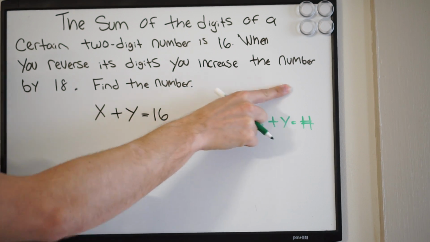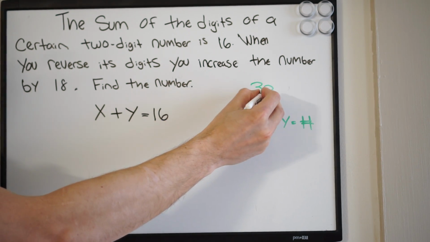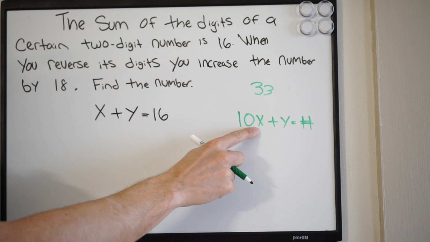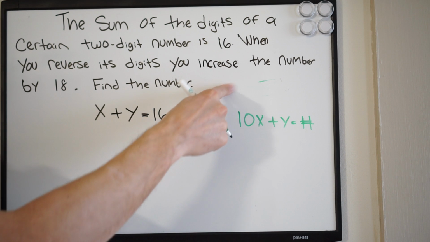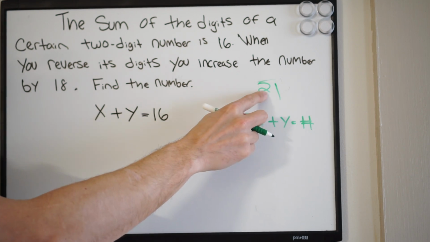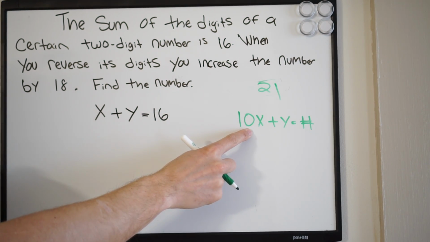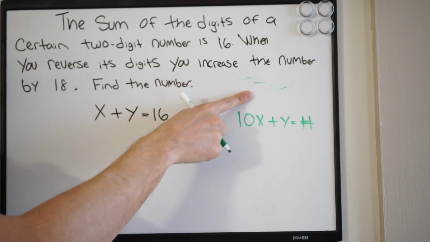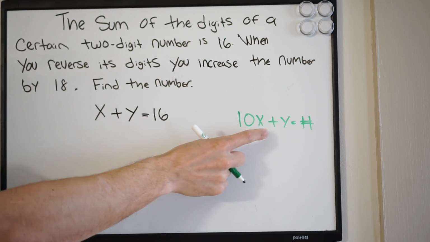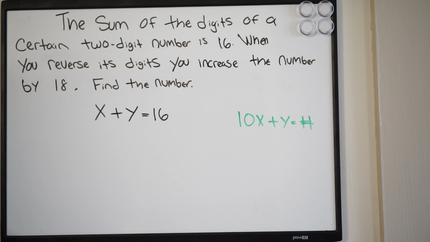Let's try another one. 33. So 3 times 10 is 30, plus 3, 33. All right, this is looking pretty good. Let's just try one more. 21. 2 times 10 is 20, plus 1, 21. Okay, this is good.